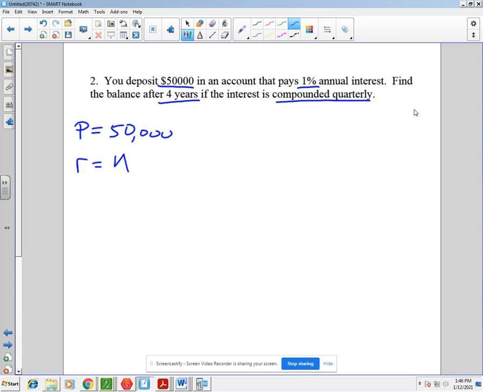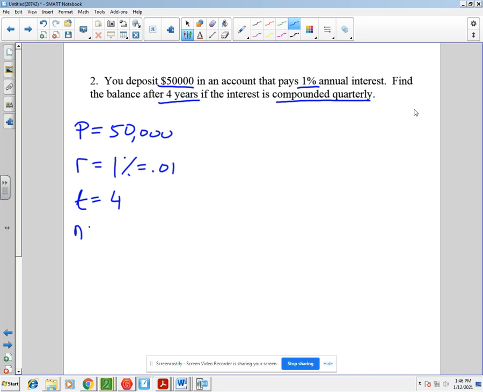That'll be 1%. Oh, my smartboard is not working properly. So that'll be 1%, which is 0.01. We also know that T is equal to 4. And compounded quarterly, please remember 4 quarters in a year, 4 quarters in a dollar.